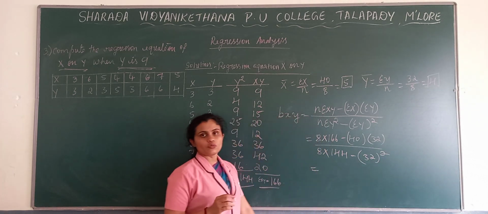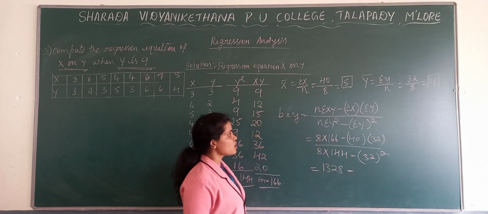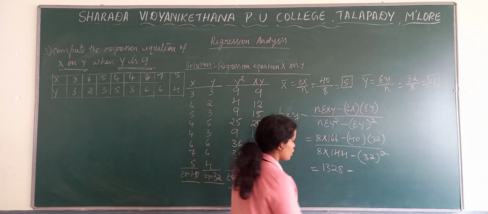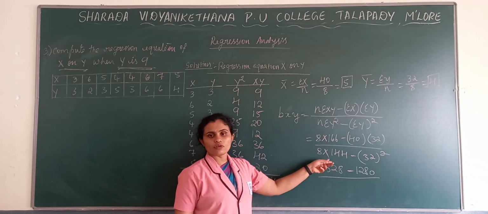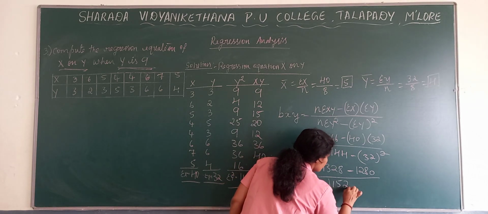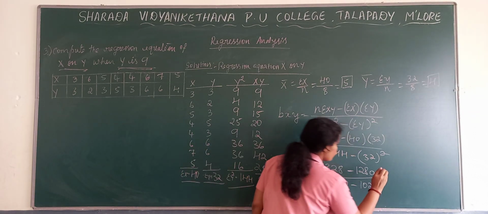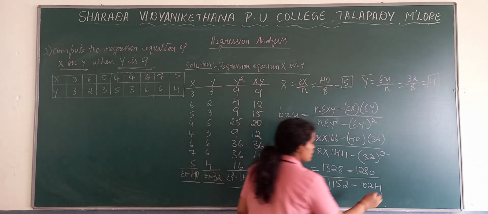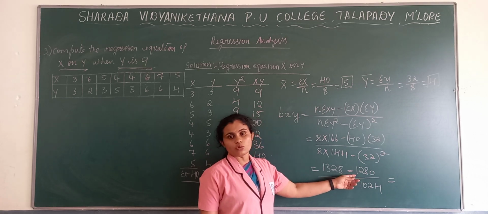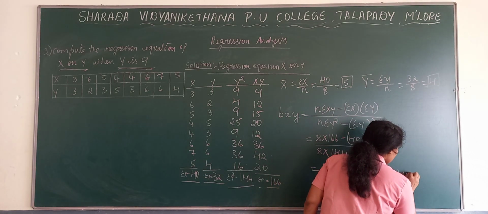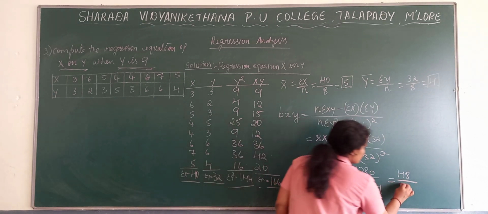So 8 into 166 we get 1328, minus 40 into 32 we get 1280, divided by 8 into 144 is 1152, minus 32 square we get 1024. Next, take the difference: 1328 minus 1280 we get 48. Here 1152 minus 1024 we get 128.